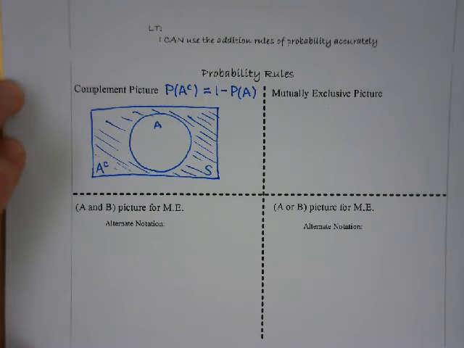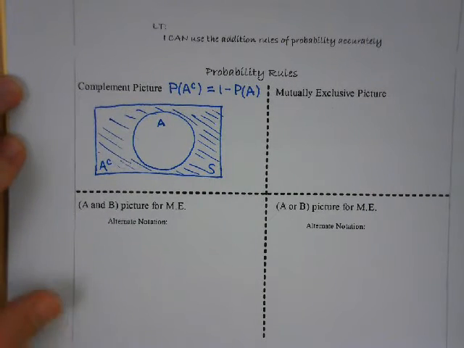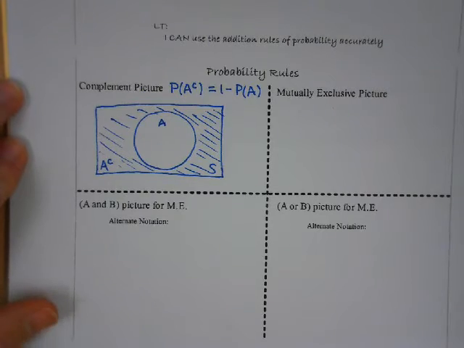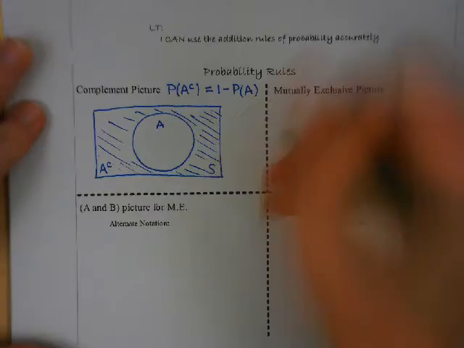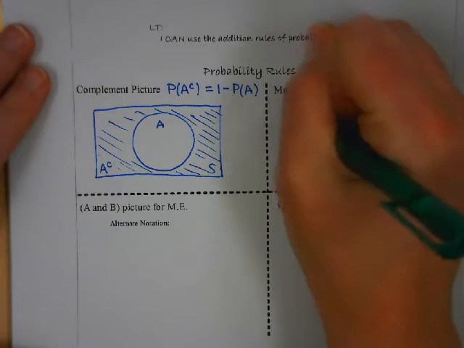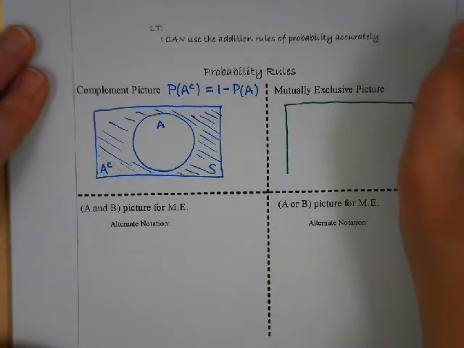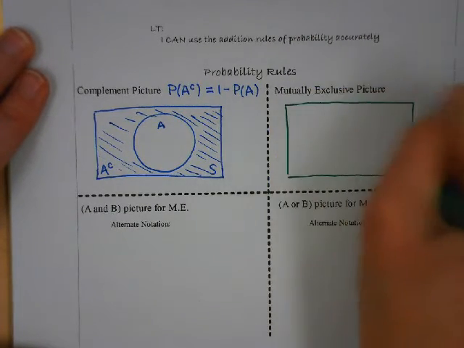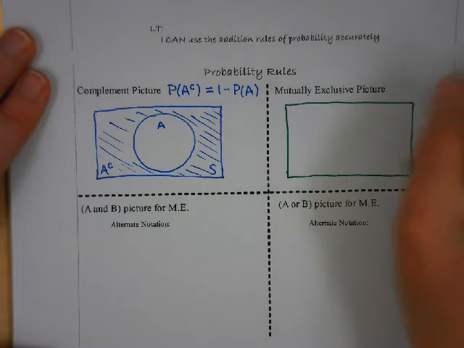Today, our focus is going to be mutually exclusive events. And mutually exclusive, we're going to define it on the next page in a minute, but mutually exclusive means that they don't happen at the same time.